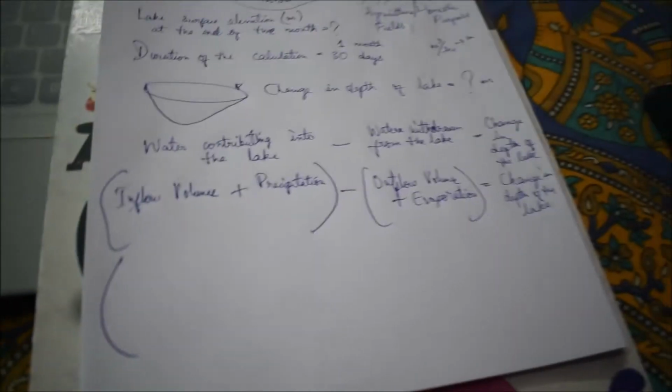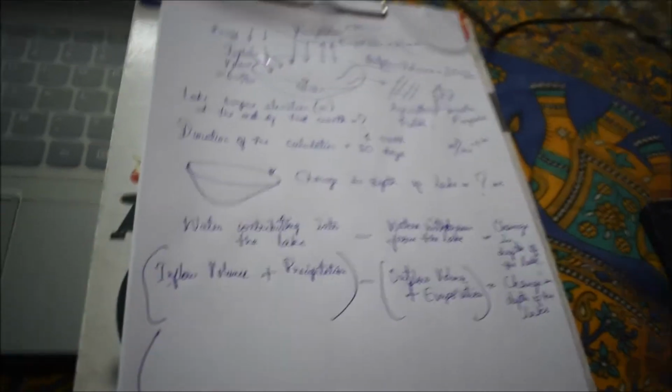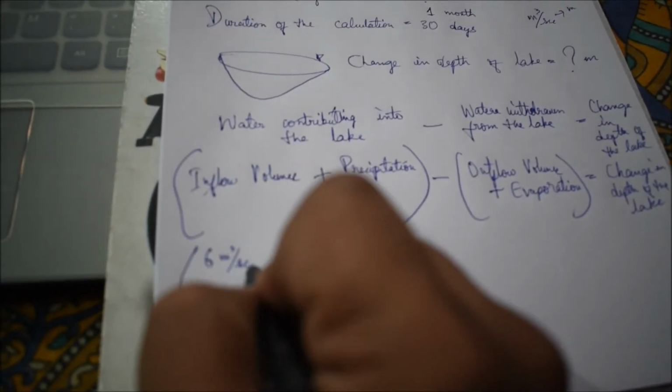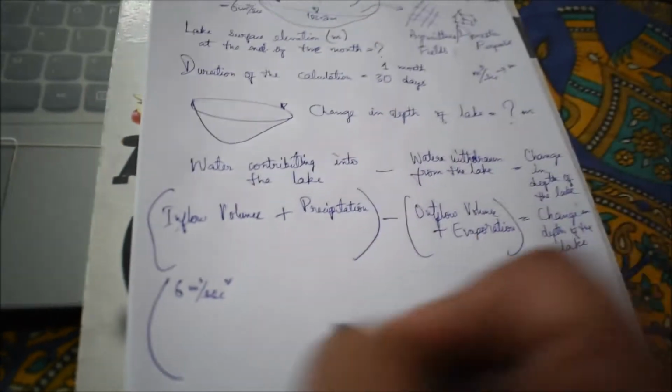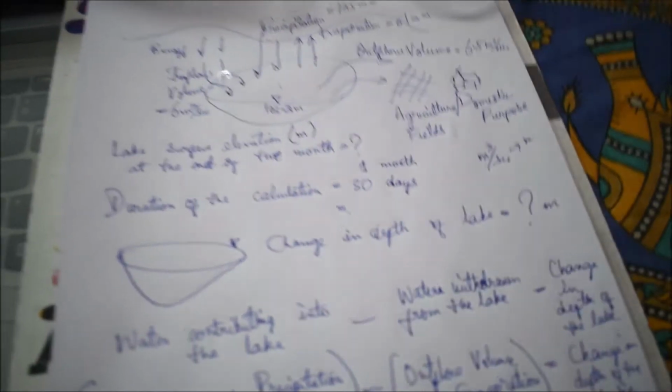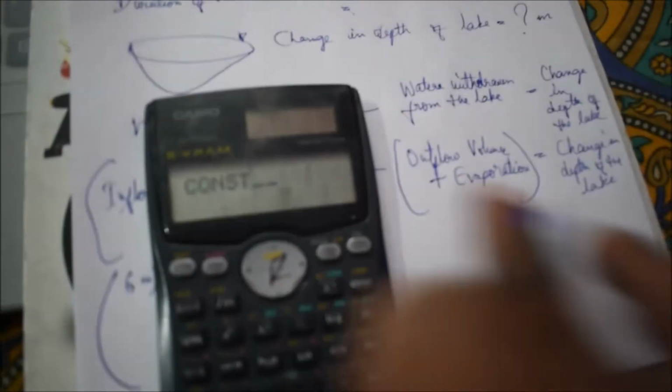So this 6 meter cube per second is multiplied by 30 days equivalent of seconds. What is the 30 days equivalent of seconds?